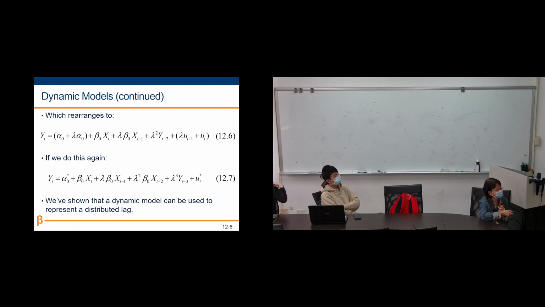After I do this several times, t minus 3 can also be expressed as xt minus 3. You see the point here? In other words, a dynamic model can be expressed as a distributed lag model. Although we say it is a dynamic model, it can be expressed as a distributed lag model. All right?